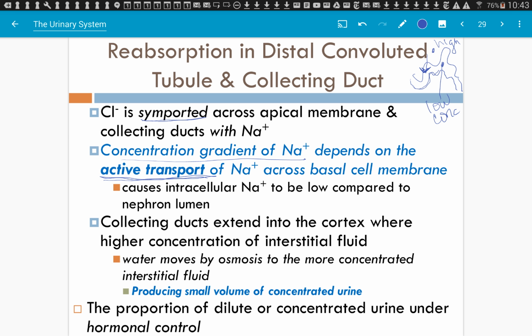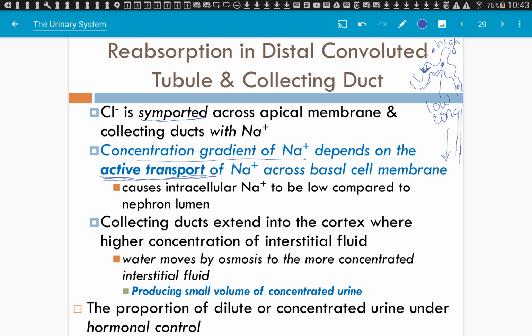The fluid enters your collecting ducts, and remember that's moving deeper into the medulla, and in the collecting duct, going down to the medulla. At first, the very beginning of the collecting duct, it's the filtrate, the urine that's almost completely formed, is still really dilute.